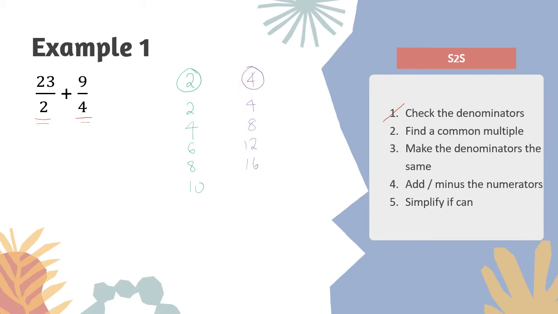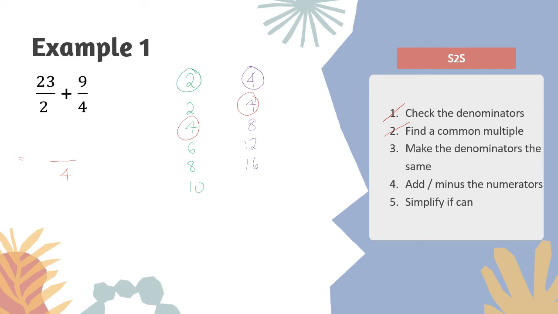The first one that appears is 4. So the common multiple is 4, which means you need to make the denominator 4.